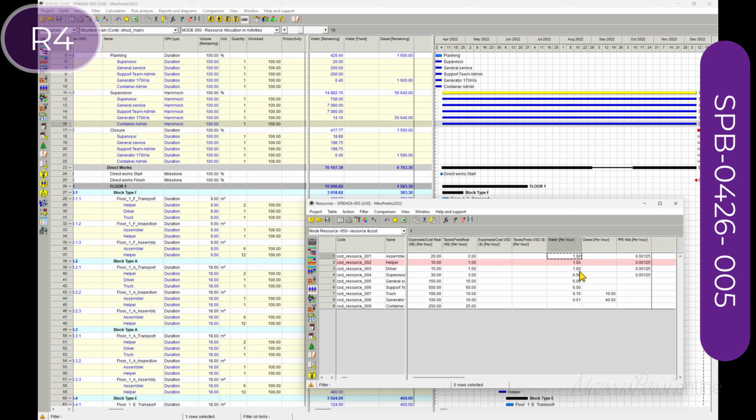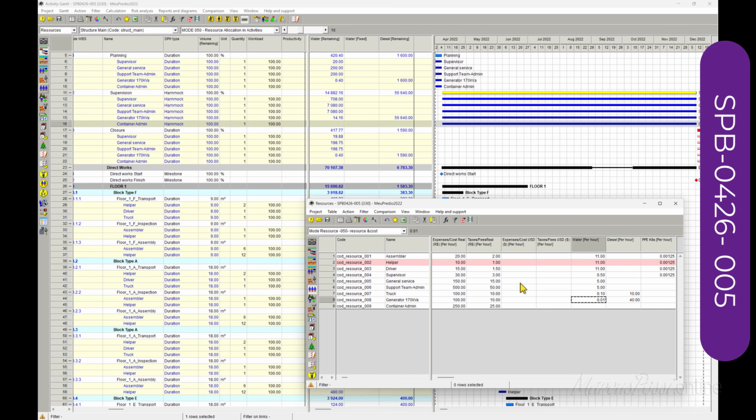So each worker will consume 11 liters per hour, meaning the amount of water they need for the day. Of course, for the supervisor, 10 liters for his shower, and half a liter because he drinks.